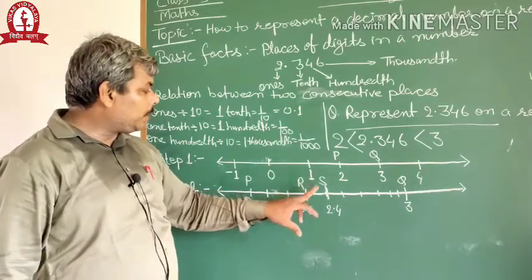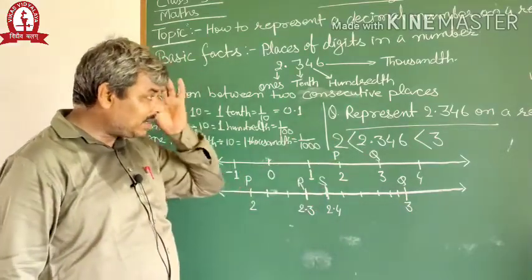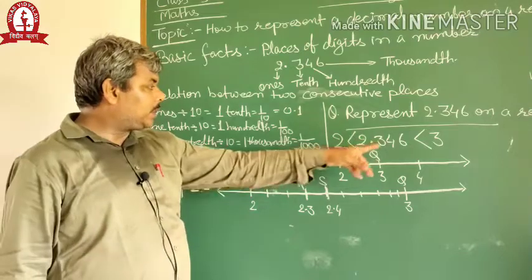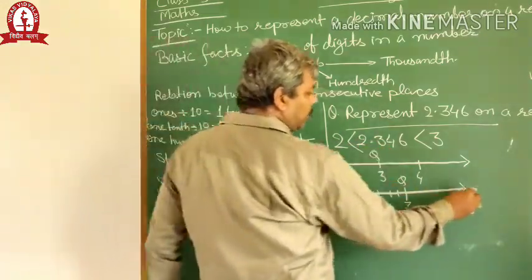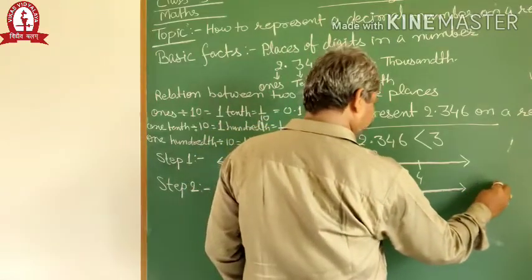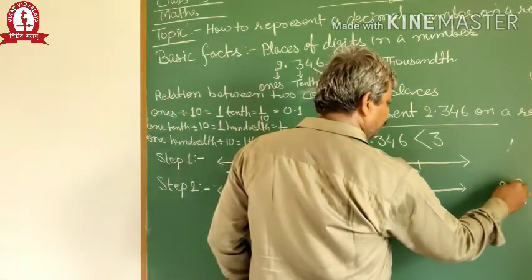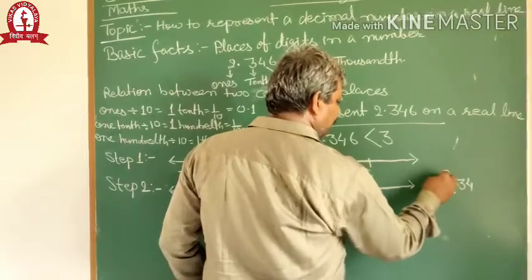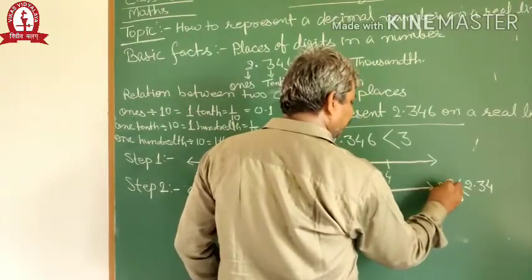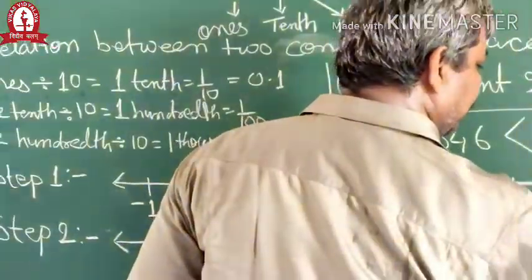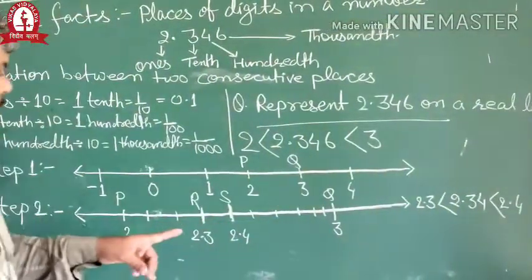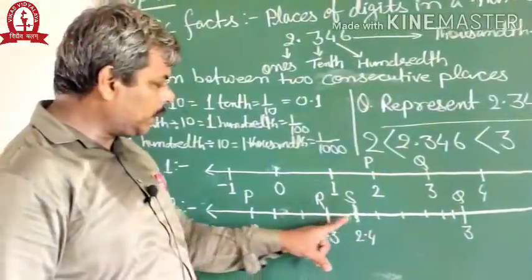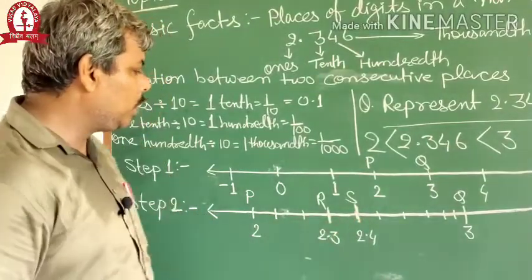Now we represent the second digit after the decimal, and that is 4. 2.34 is greater than 2.3 but less than 2.4. 2.34 lies between 2.3 and 2.4.